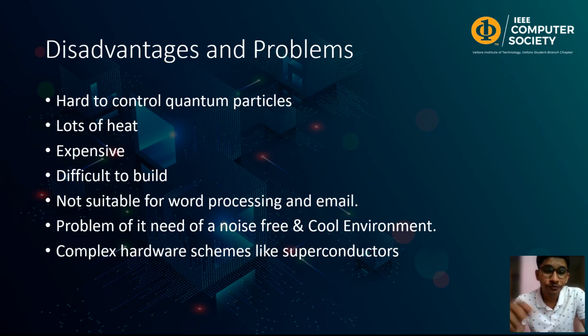And now we come to the last part of our session, the disadvantages and the problems. It is hard to control quantum particles because you need an extremely low temperature. There is a lot of heat produced behind these refrigeration technologies.